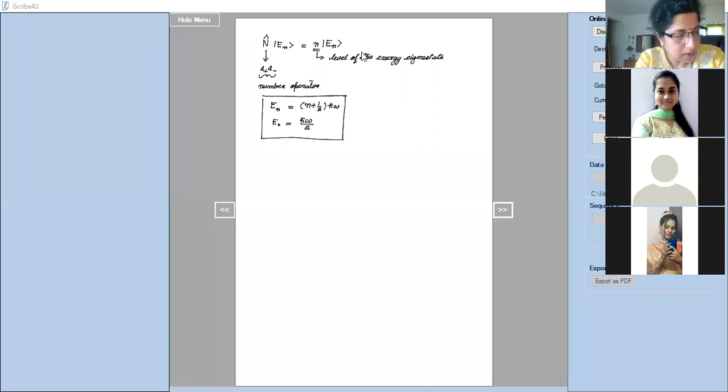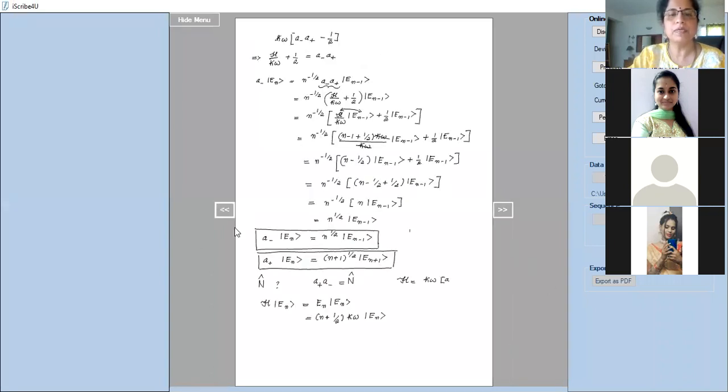Now what I want you to understand is that energy eigenvalues are not the only thing you can compute using your ladder operators. All you have to do is remember these two rules which I told you earlier. And you will find that you're able to calculate a whole bunch of things.